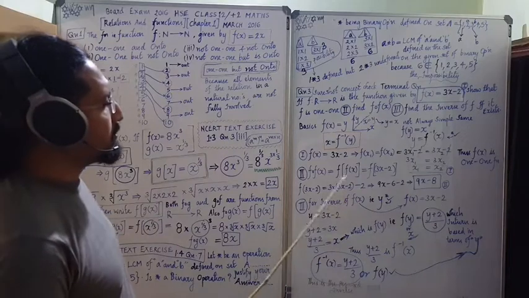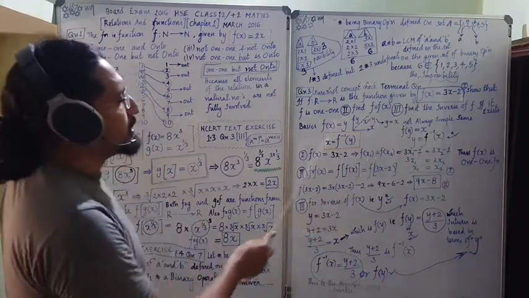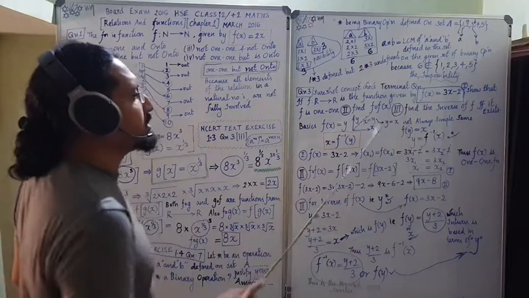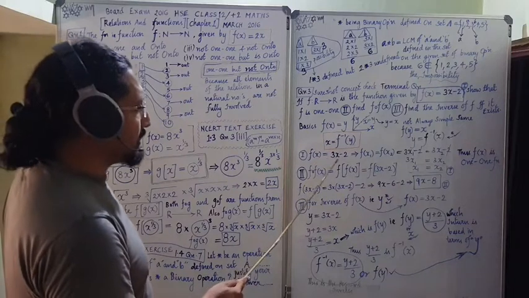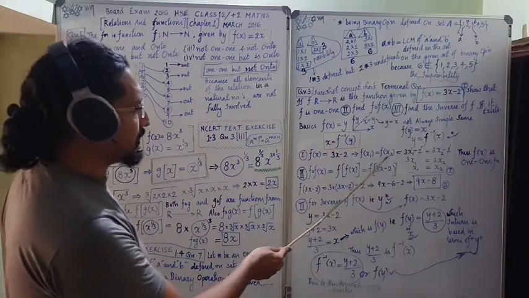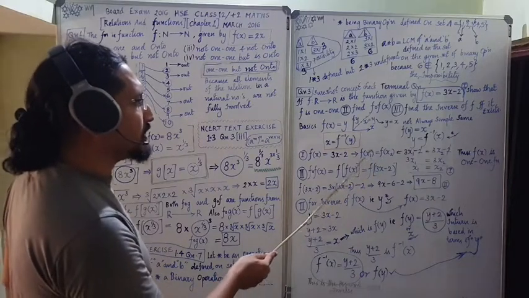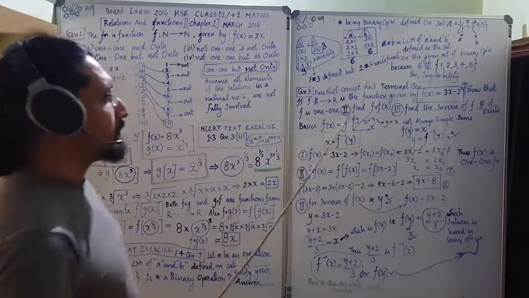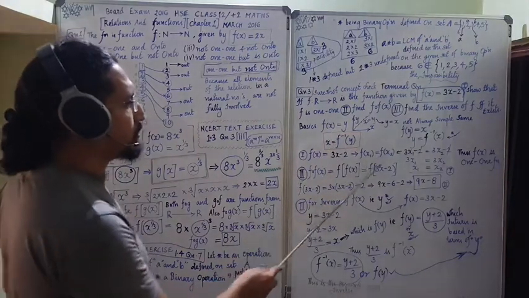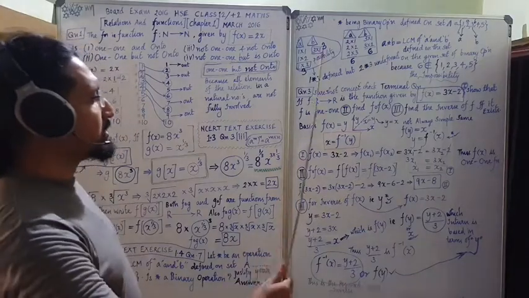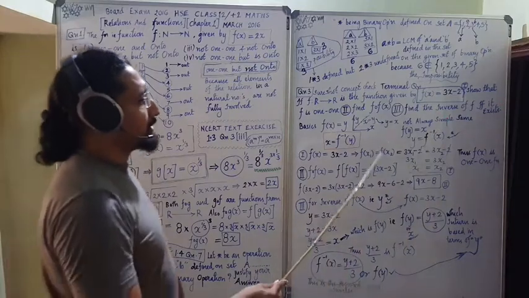That means when a question is asked whether this is a one-one function, first put f of x1, then f of x2, and make them equal. So we can check this. This is the law to prove a one-one function: put f of x1 is equal to f of x2. That is, one element corresponds to one element in the next set.